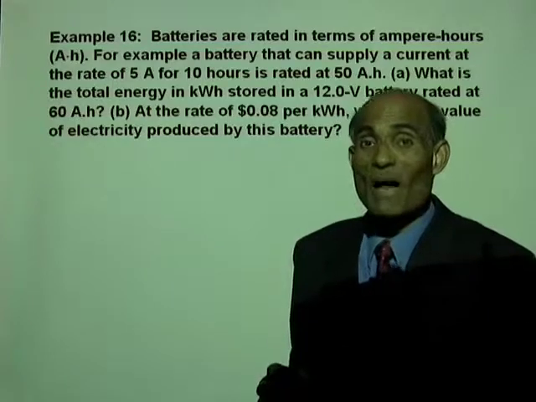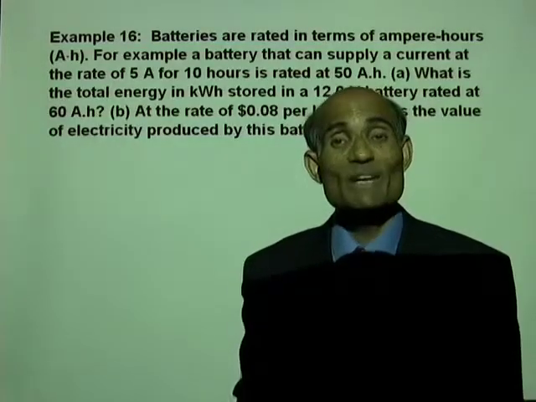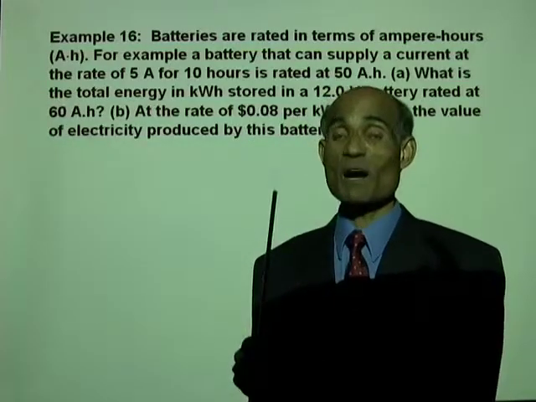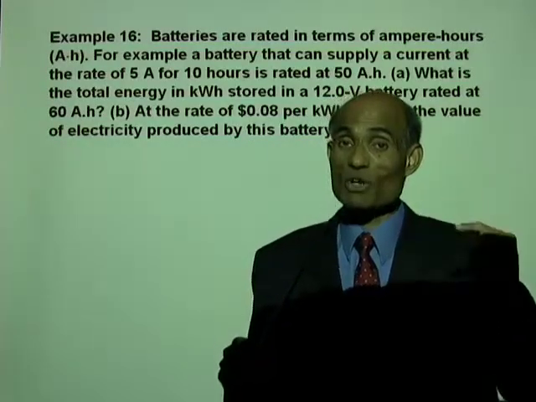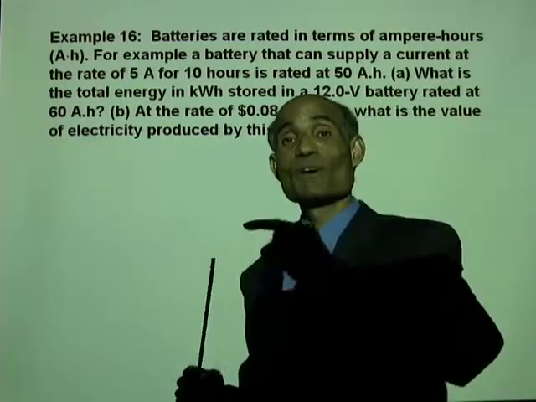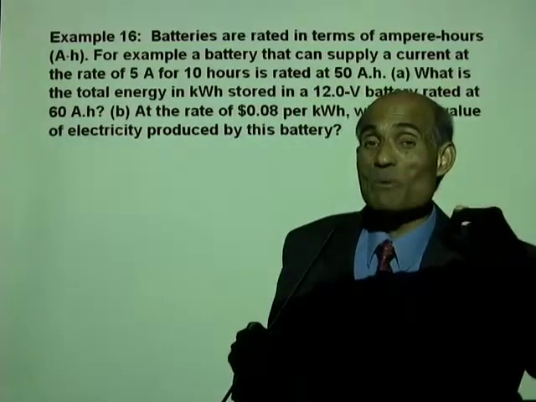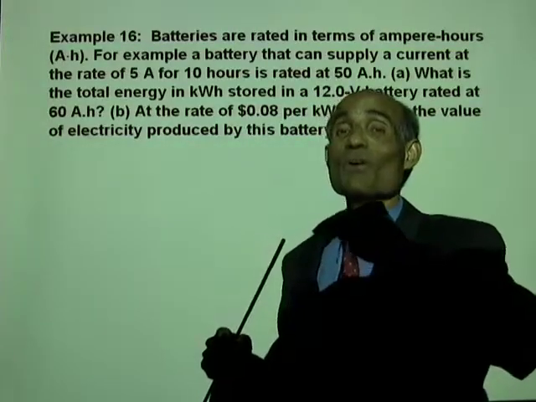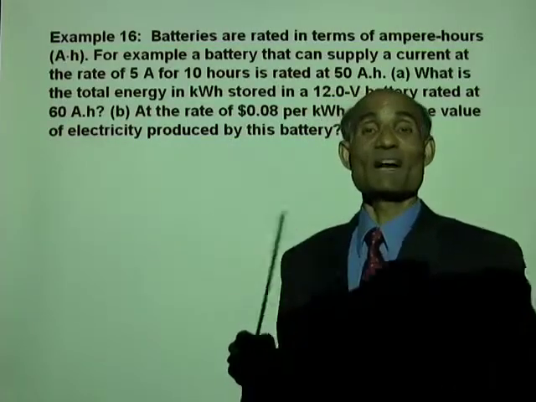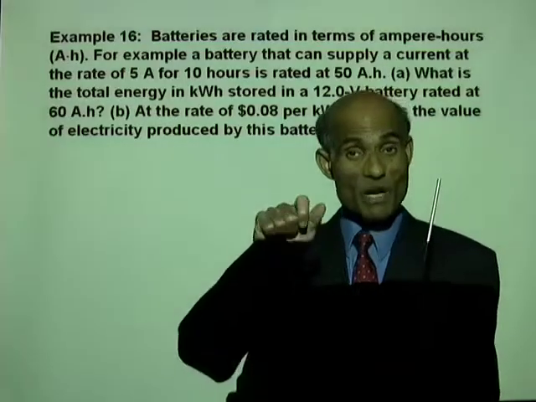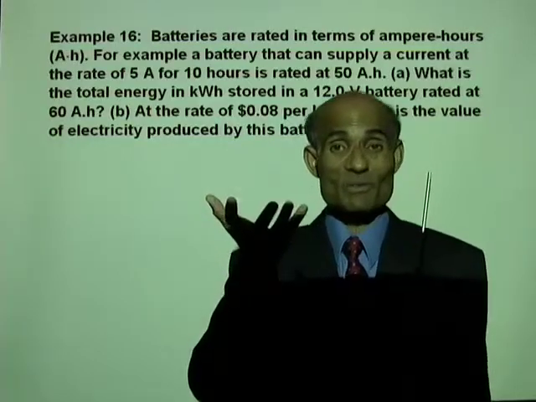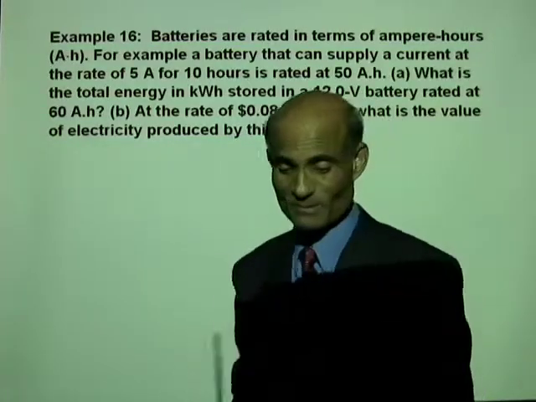How many ampere-hours? Normally a car battery is about 60 ampere-hour. It means your car battery can supply current at the rate of 1 ampere for 60 hours, or at the rate of 2 amperes for 30 hours, or at the rate of 20 amperes for 3 hours and so on. Now remember, when you start your car, the starting coil will take a large amount of current, but for a very short time.